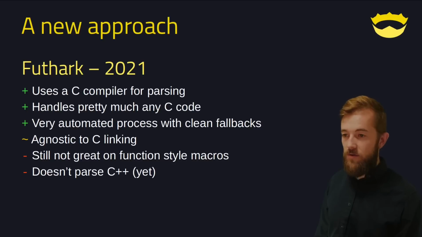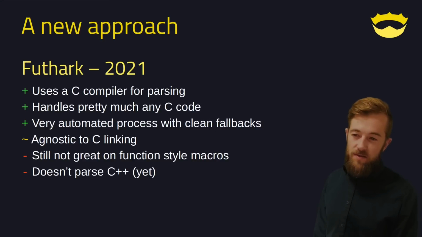You have to figure that out yourself. So you still need to know a bit about the C library that you're using. You need to know a bit about C linking and how all of that stuff works. But if you're working with C, you kind of have to know a bit about that anyways. And it allows it to be a lot more free in the way that it generates bindings.